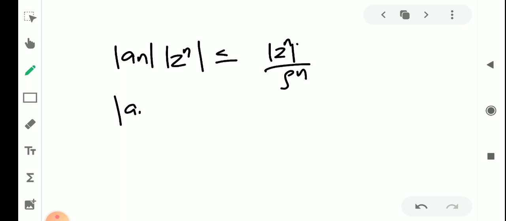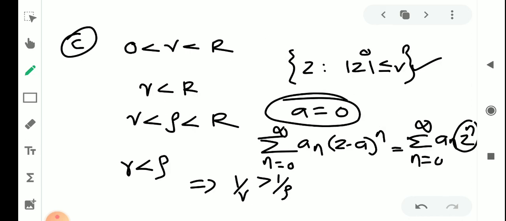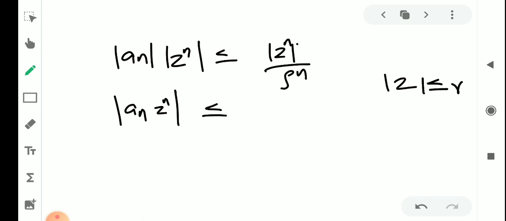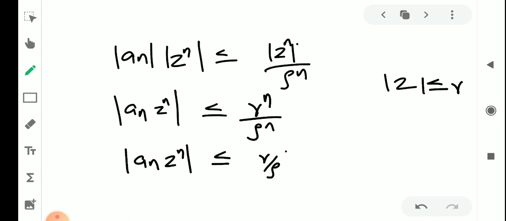We have mod z less than or equal to r. Therefore mod z raised to n is less than or equal to r raised to n, so we can write r raised to n divided by rho raised to n. That is, modulus of an z raised to n is less than or equal to r by rho whole raised to n. And what is the relation between r and rho?